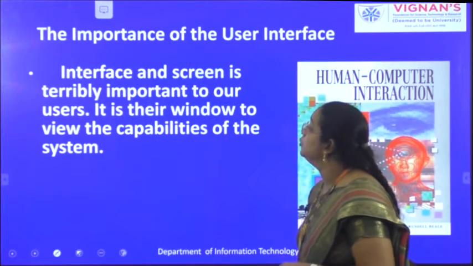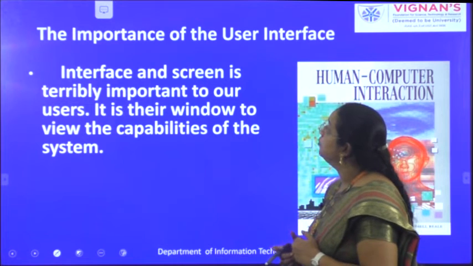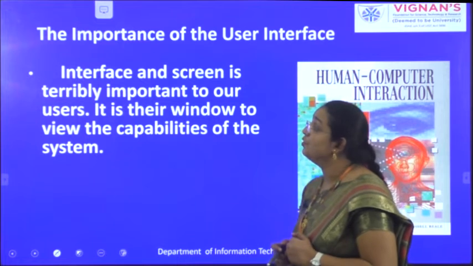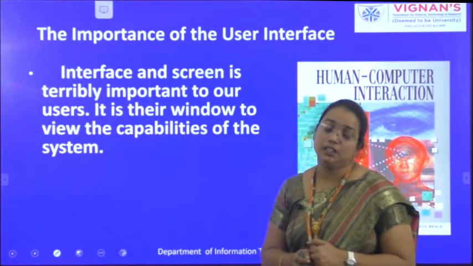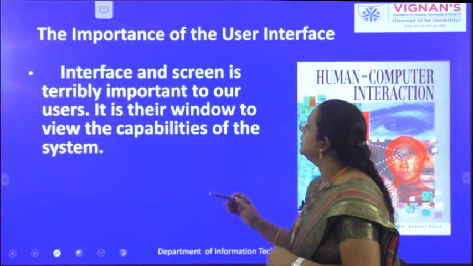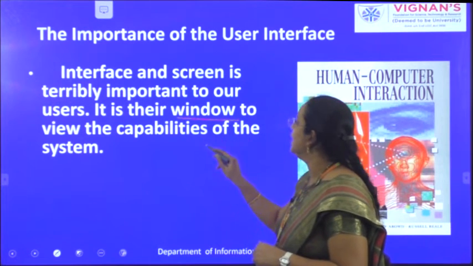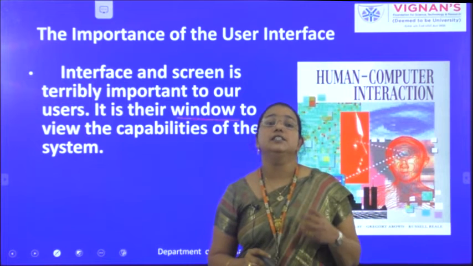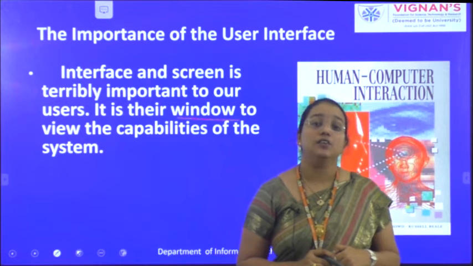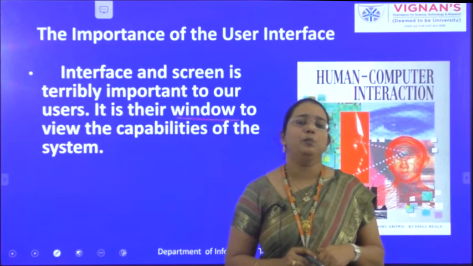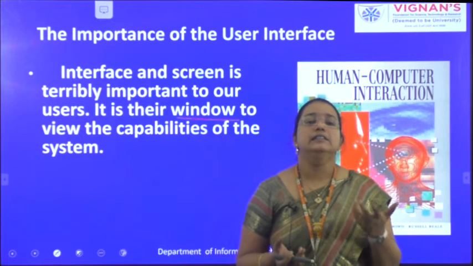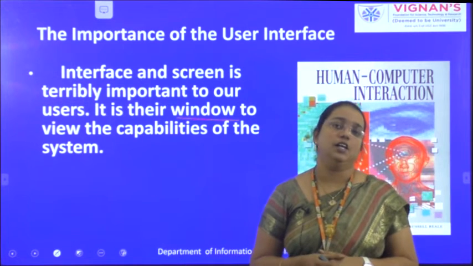The importance of the user interface. The interface and screens are terribly important to our users. It is their window to view the capabilities of the system. If the screen is poorly designed, then users are not able to see the capabilities of the computer.